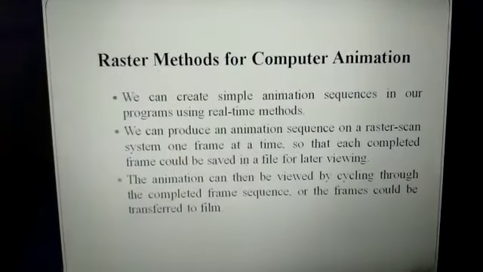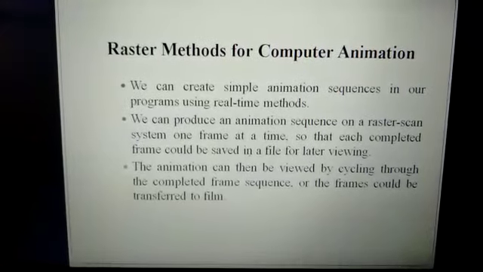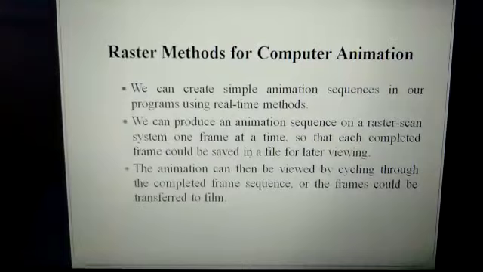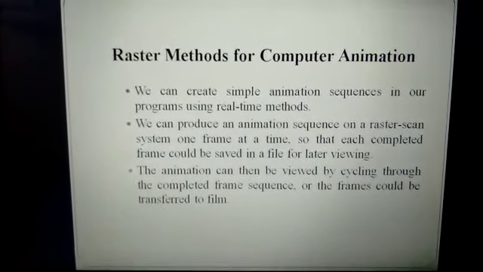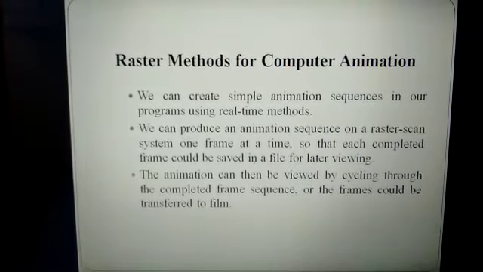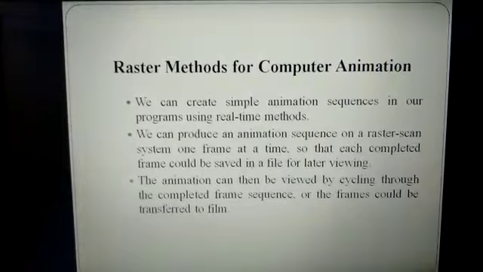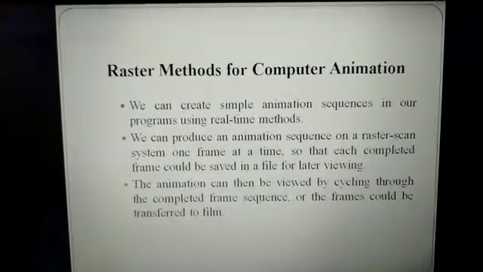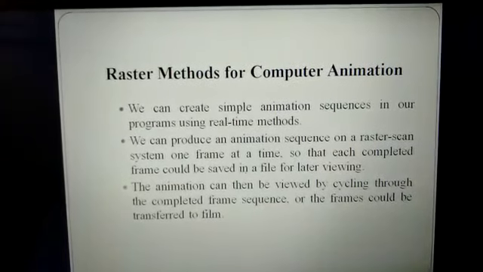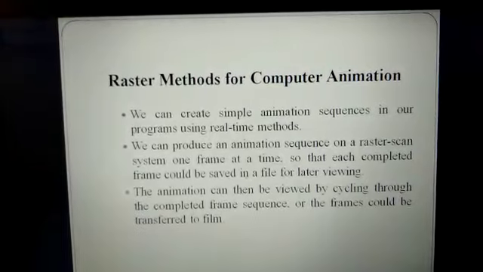Let us now discuss raster methods for computer animation. Because the screen display is generated from successively modified pixel values in the refresh buffer, we can take advantage of some of the characteristics of the raster scan or raster screen refresh process to produce motion sequences quickly. For example, for a complex scene, one frame of the animation could take most of the refresh cycle time to construct.